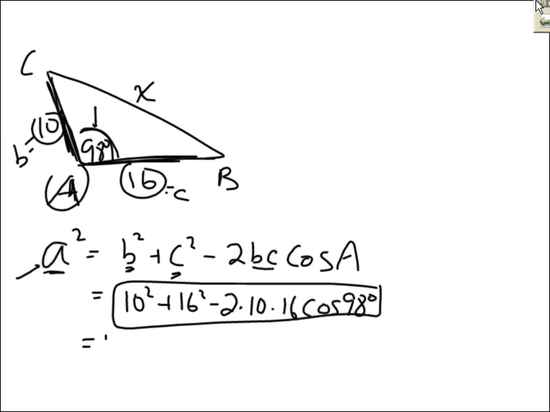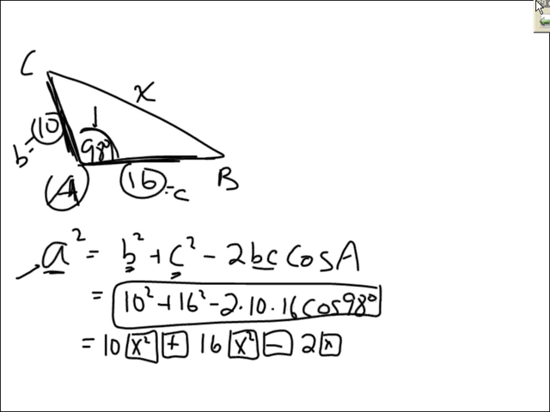I would first hit the 10 button, and then your X squared button, and then your plus button, and then 16, and then your square button, and then your minus button, and then 2, your times button, your 10, your times button, and then 16.